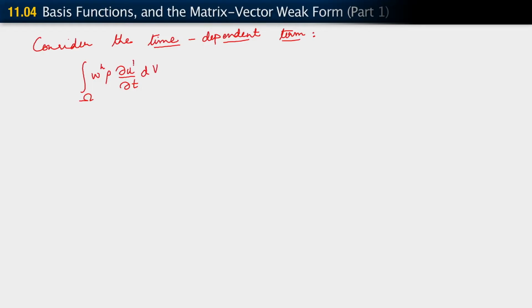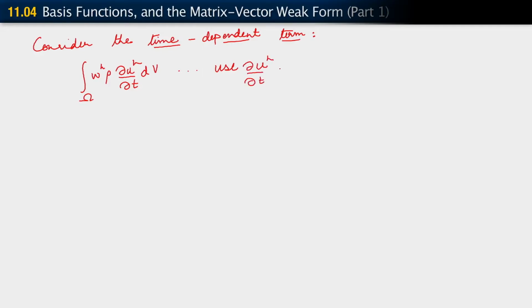Sorry, UH here. It should be completely straightforward now because we already have our expansions for WH and UH, right? And in fact, let's make one observation. In order to consider this, we need to use the derivative of UH with respect to time.